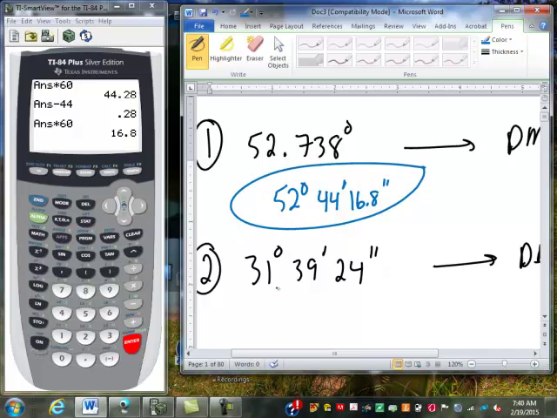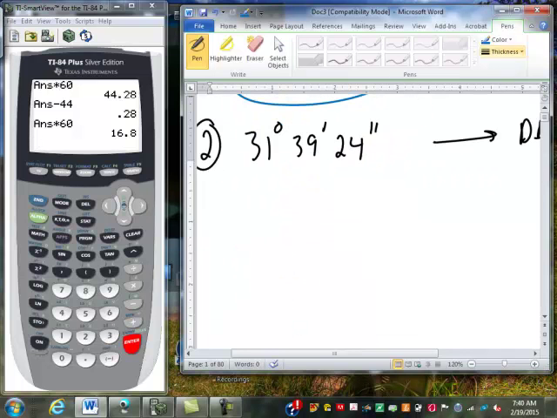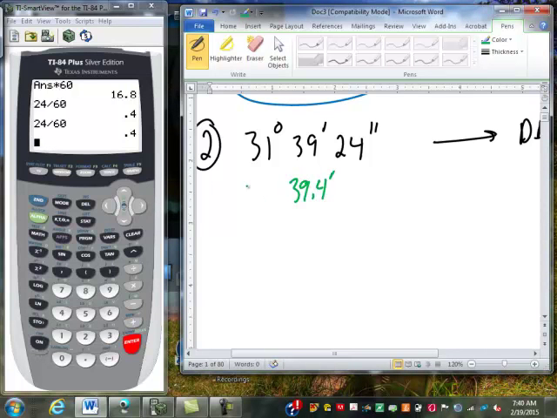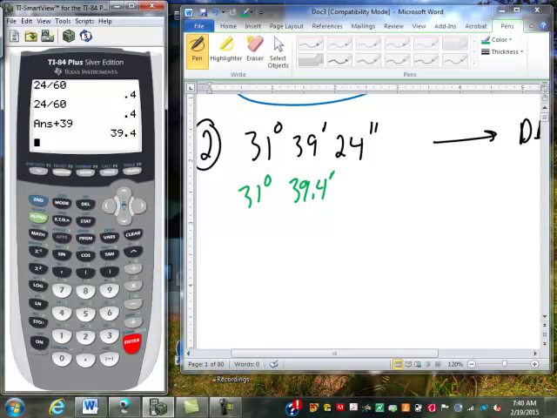But if we were doing it manually, we would start out with the seconds. Take 24 divided by 60 to turn them into minutes. So 24 seconds is now 0.4 minutes. So this is now 39.4 minutes. I'm going to add the 39 to the 0.4, so I got the 39.4 minutes.